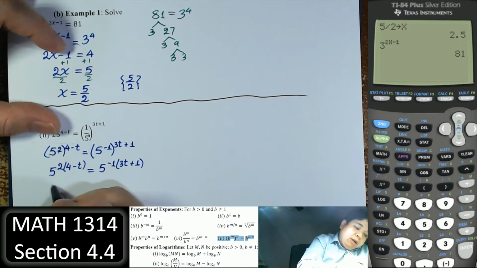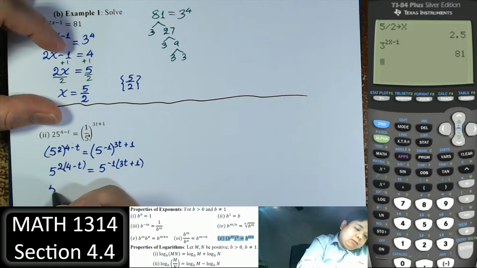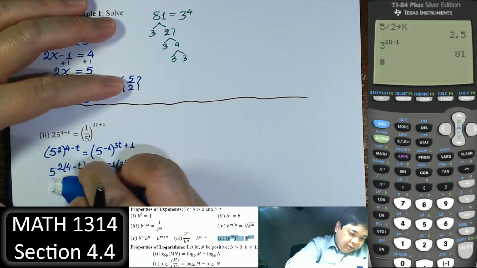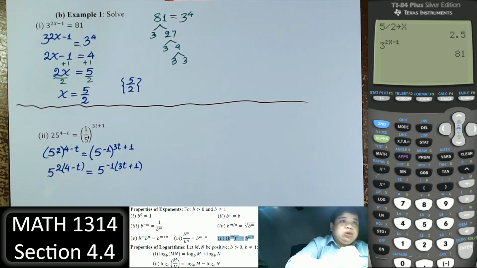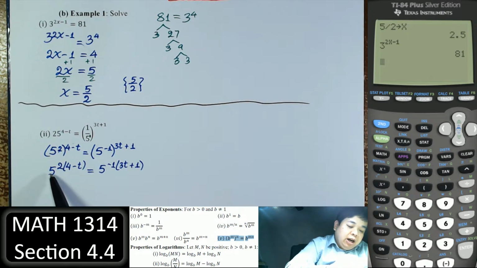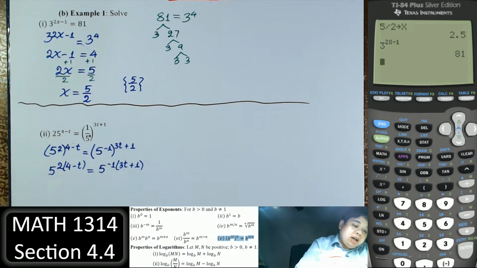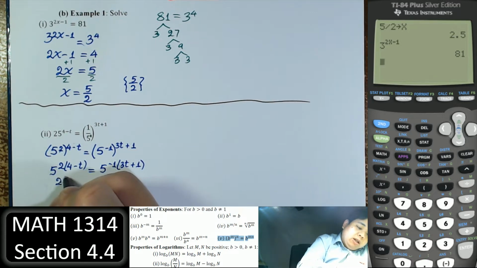So multiply them out. We should say that at this step, the bases are equal, so the exponents must be equal.